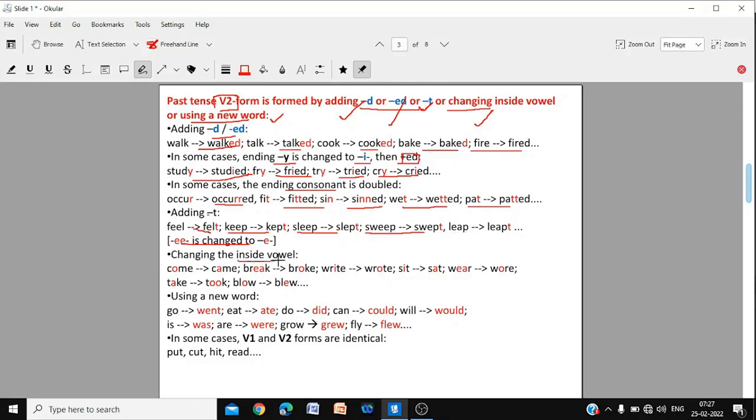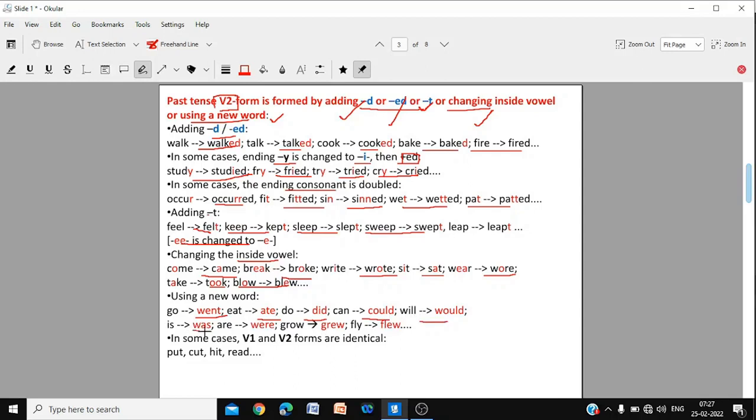Changing the inside vowel: came, broke, wrote, sat, wore, took, blew. Using a new word: go, went. Eat, ate. Do, did. Can, could. Will, would.